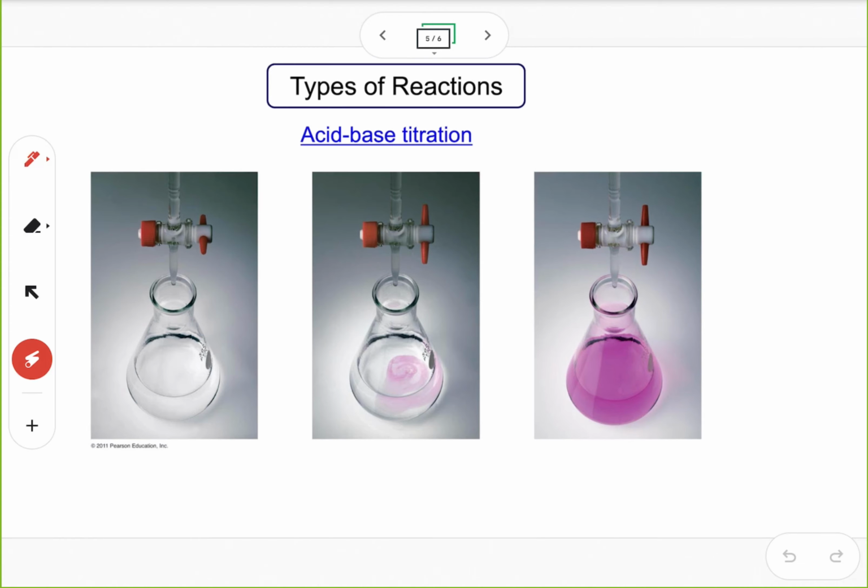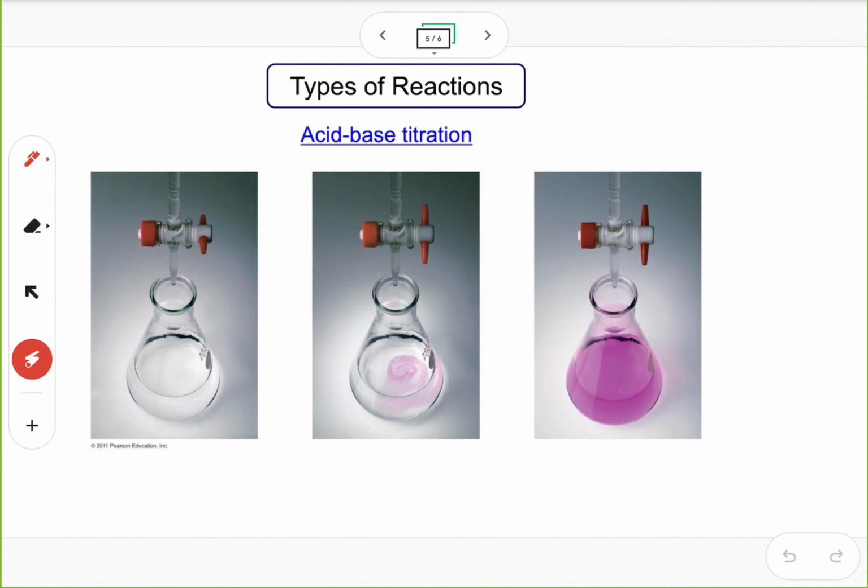Okay, so before you start, you can see it's colorless, and then you just keep adding either acid or base into this receiving flask with base or acid until you start seeing the color change. Then you slow down a little bit and swirl the flask. Keep swirling it during this process, and if the color stays for 30 seconds, that's the time you need.